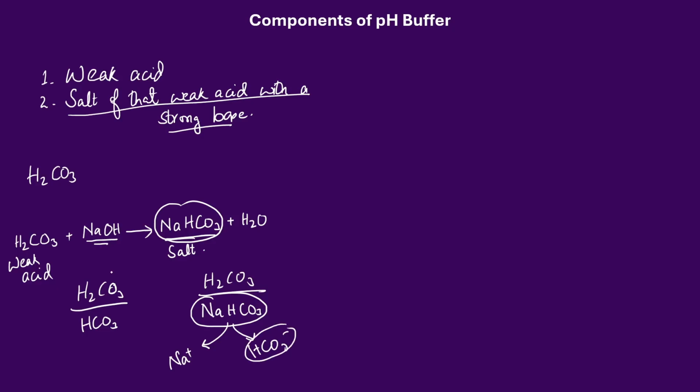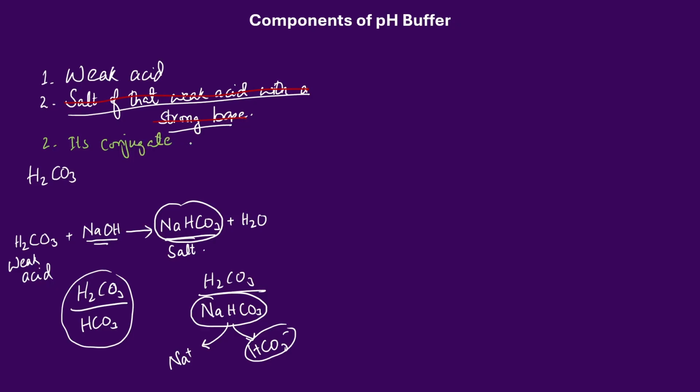So ultimately the end result is this, right? Even if we remove this confusing part, we can simply write it as weak acid plus its conjugate base. It is technically the same.